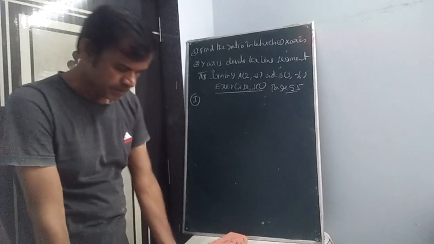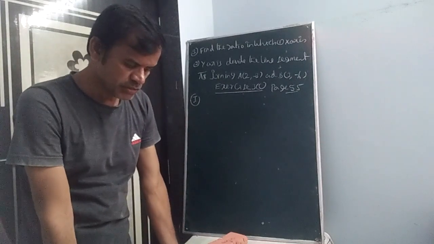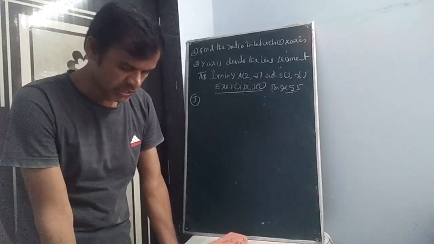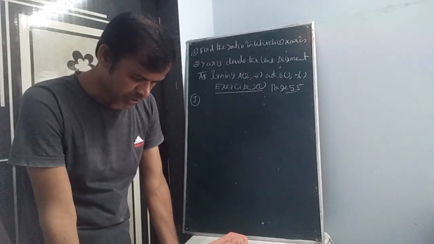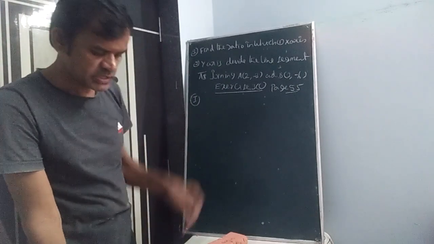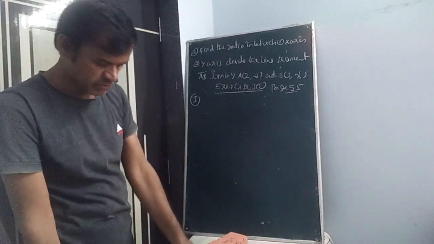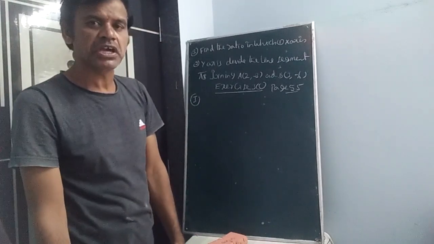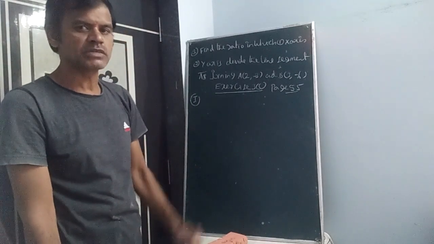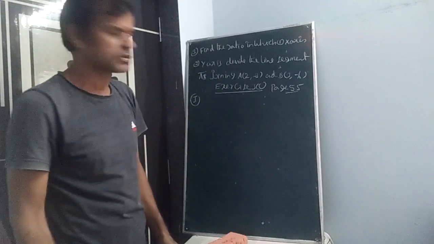Read the question: find the ratio in which the following straight lines divide the line segments joining the given points. State whether the points lie on the same side or opposite sides of the straight line. Find the ratio, locate. It is called the location of points. Simply, I am giving the shortcut to you: locate.